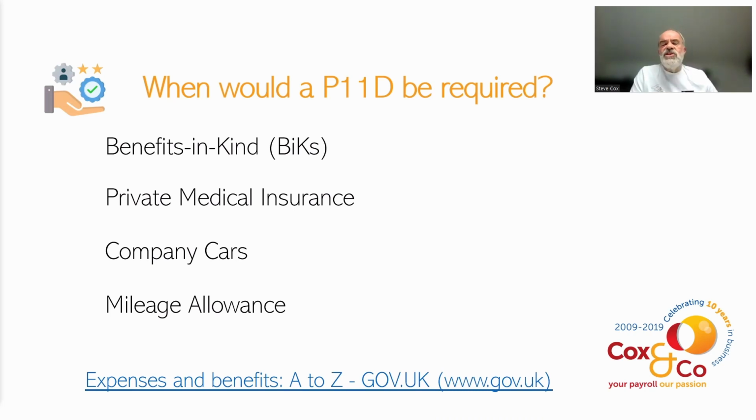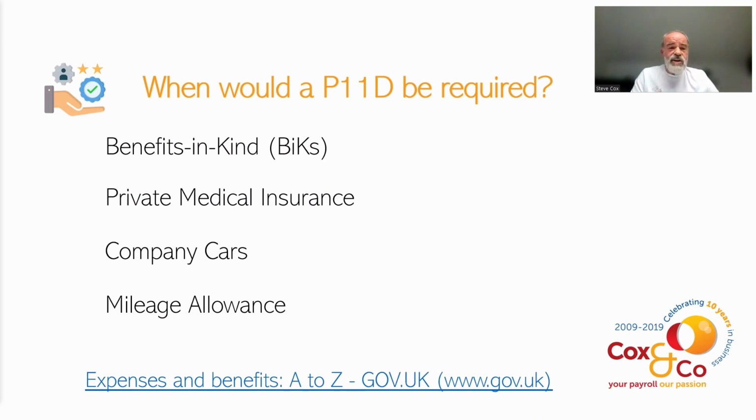So you need to consider with P11Ds anything that you provide to your employees that is not in pursuit of their work. Look at it closely, consider whether or not that is a benefit or could be construed as such. An awful lot of things could be.